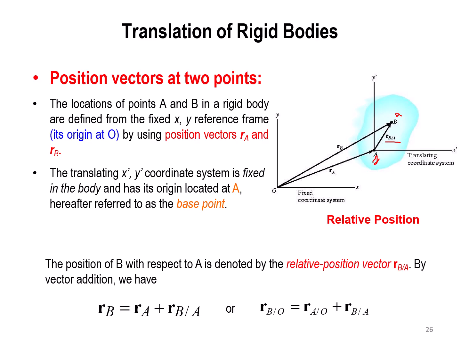So the position of B with respect to A is going to be denoted by the relative position vector RB/A, where by vector addition we have that RB is going to be equal to RA plus RB/A.